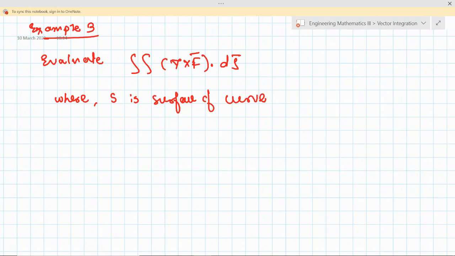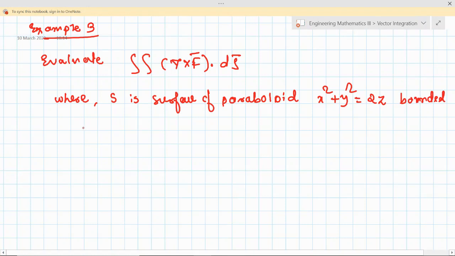It is a paraboloid, the surface of the paraboloid x square plus y square is equal to 2z, bounded by the plane z is equal to 2.